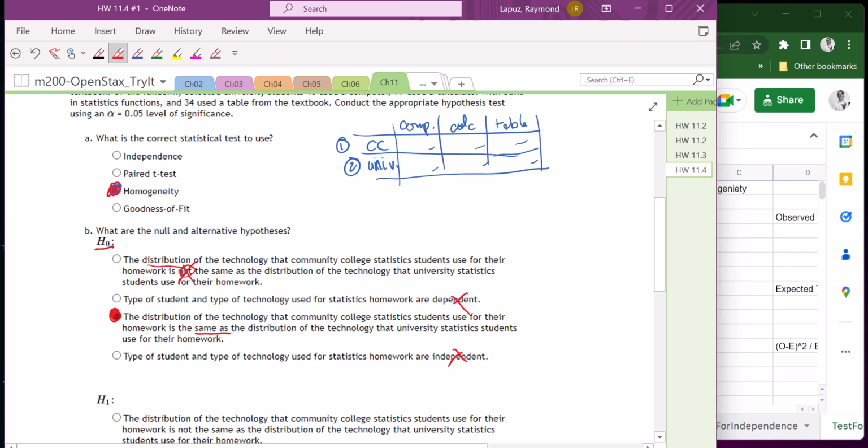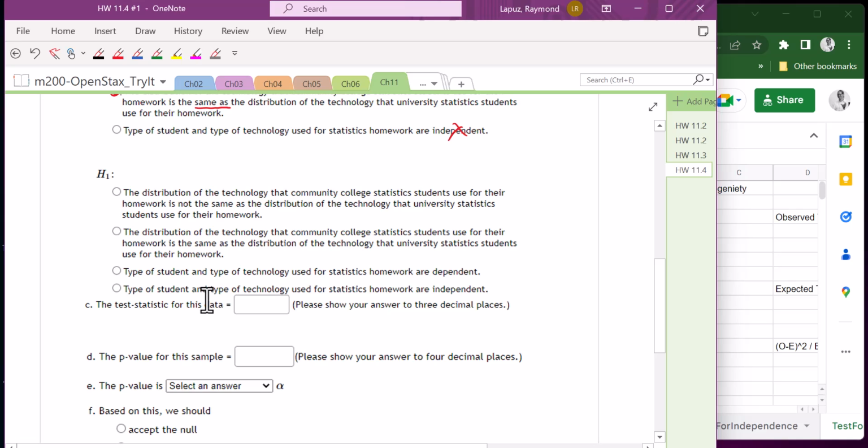So this would be the null hypothesis. The alternative would be the difference, that they're different, again, not independence or dependence. And so here it says that they're the same, but for the null hypothesis, we're looking at this being different or not the same. So this is going to be our choice for our alternative hypothesis.